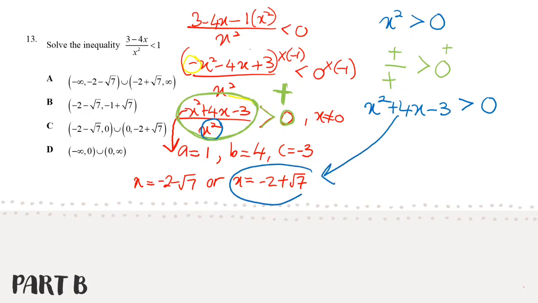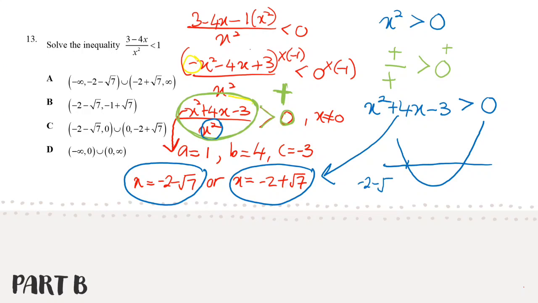So this one, we already have the values of x. x is equal to negative 2 plus 7, or x is equal to negative 2 minus 7. So you may solve by method of table of sign, or graphical method, or number line. So I use the graphical method. So since a is positive, we have this curve, and then I put the factors. On the left will be negative 2 minus 7. On your right will be negative 2 plus 7.